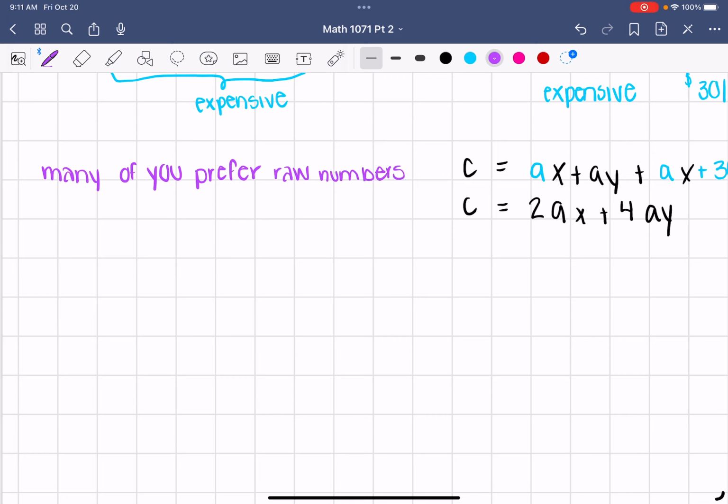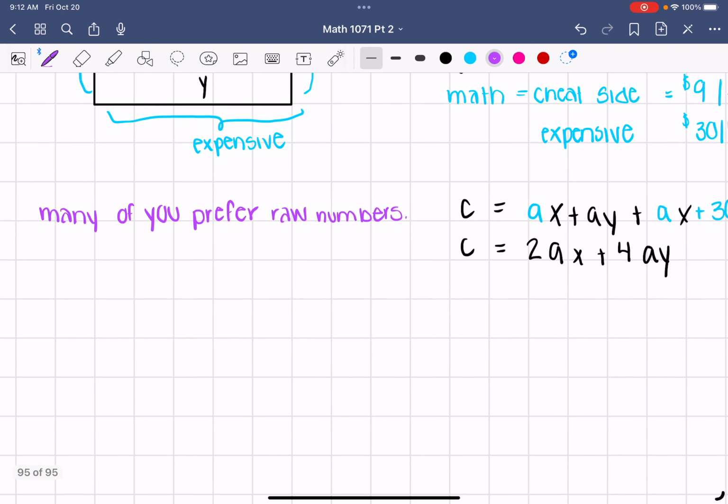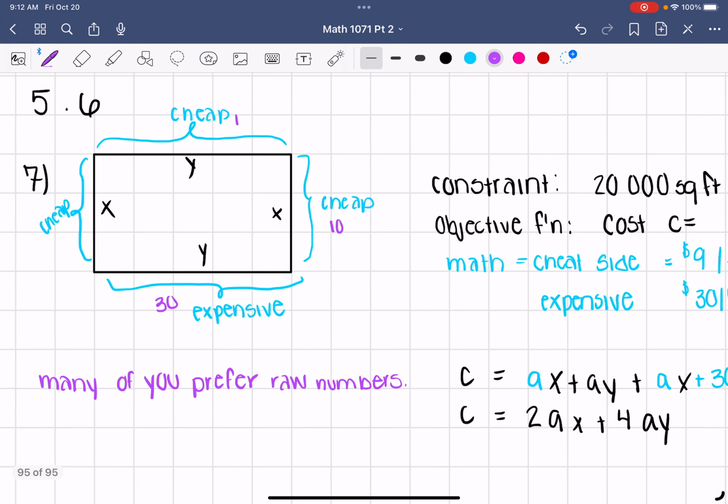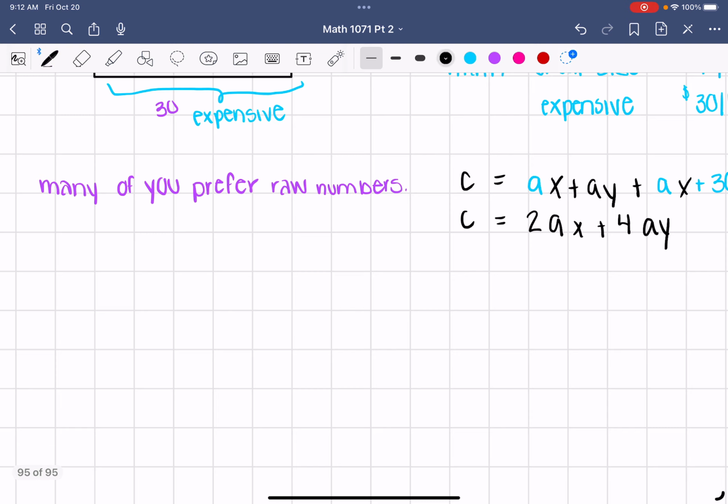So, as I say, I think many of you prefer the purple to the blue. Because then you'd say to yourself, okay, look, I got X, I got Y, I got X, I got Y. This cheap side X is 10 bucks a foot. This cheap side Y is 10 bucks a foot. This cheap side X is 10 bucks a foot.